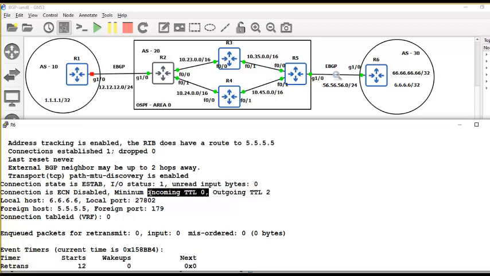Incoming can be 0 also. What does this mean? We are not checking whether the neighbor is really coming from less than 2 hops. If a neighbor is coming from the 10th hop also, you will not know. If a neighbor is coming from the 255th hop also, you will not know.